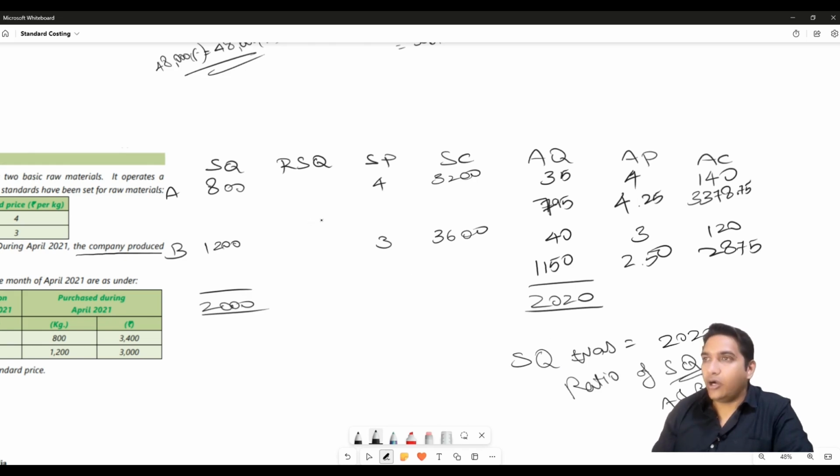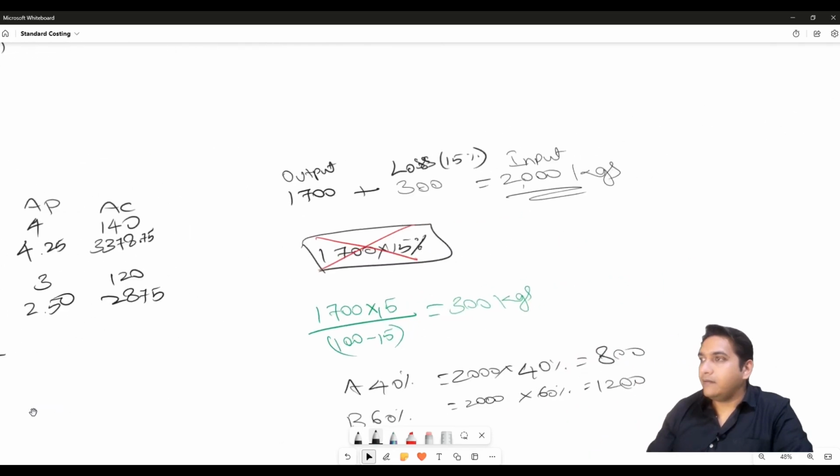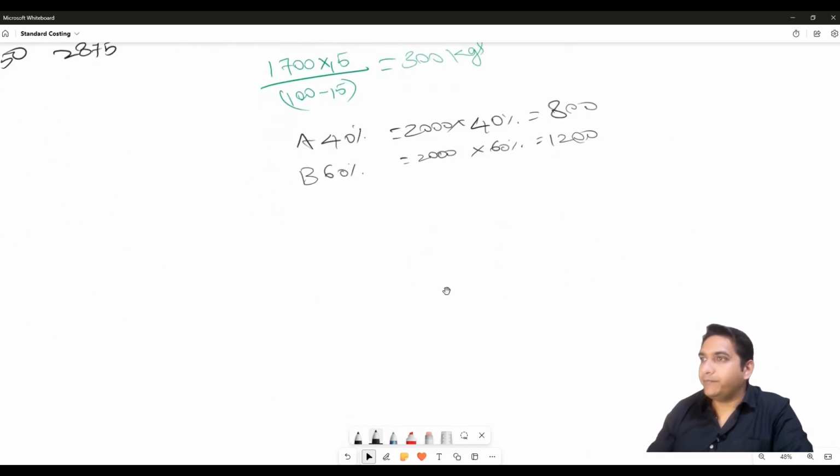So how do we do that? For A we have standard quantity which is equal to 800, right? Then which should be divided by total standard quantity which is 2000, and multiplied by our total actual quantity which is 2020, which comes to 808.